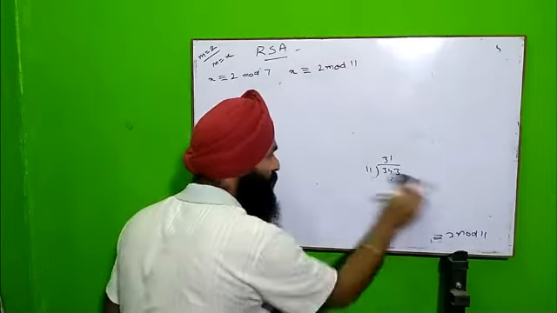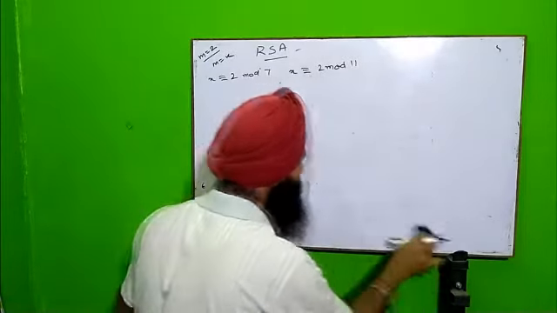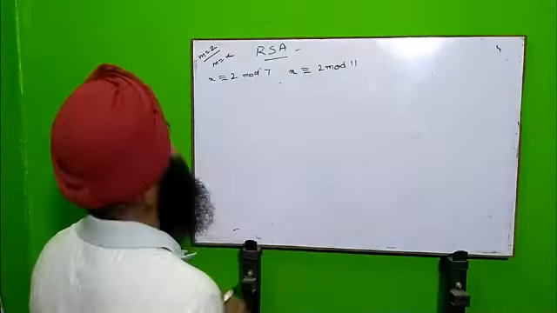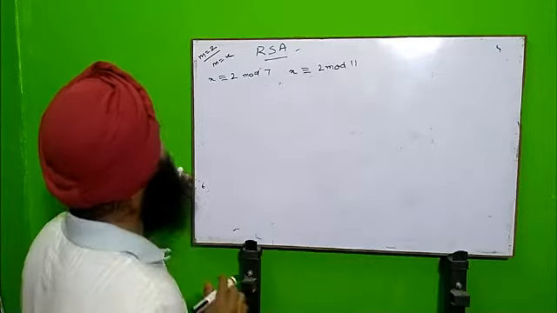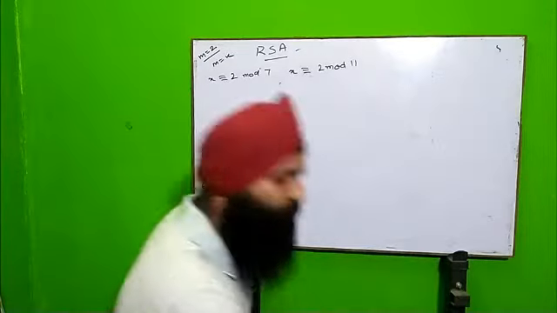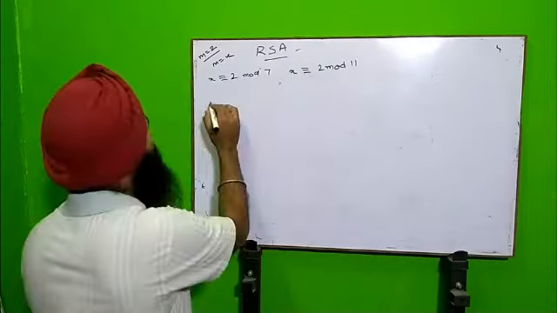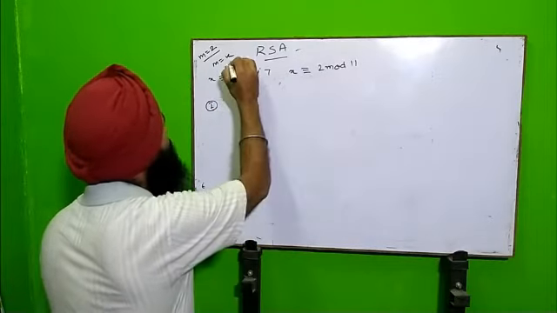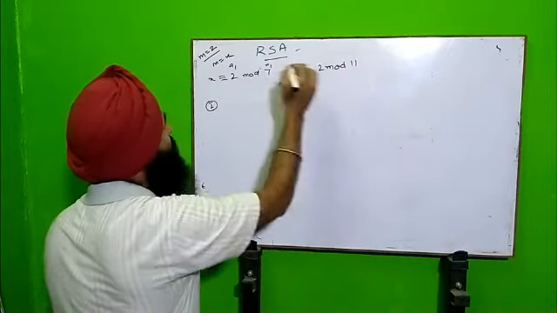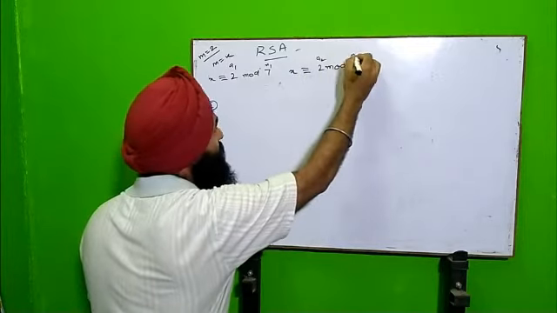Now we are going to apply the Chinese remainder theorem to solve this. The first step is finding A1, N1, A2, N2.